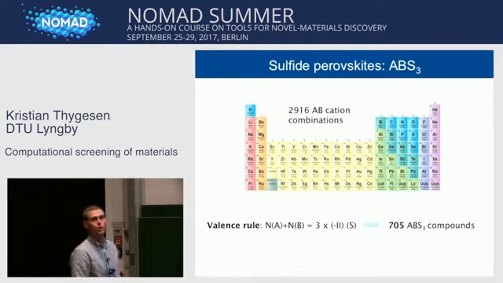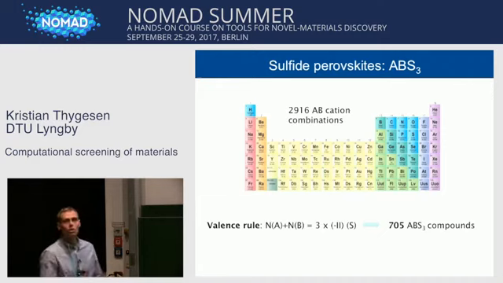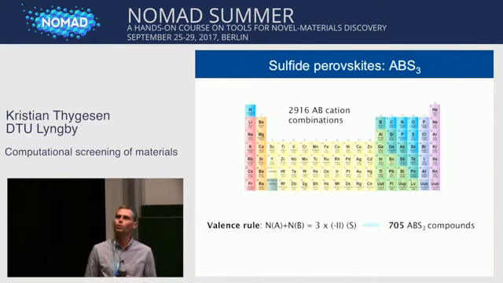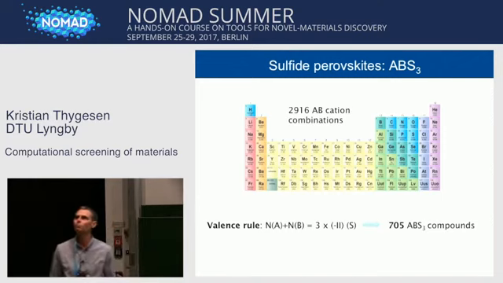And if you just take the periodic table and you say how many combinations, how many materials can we make if we let A and B be any metals in the periodic system here, then it's around 3,000 combinations that we can find. Okay, so if you just take at random 2 metal atoms and put them together with 3 sulfurs, then most likely you will violate the valence rule here, and that material that violates the valence rule is not going to be stable.